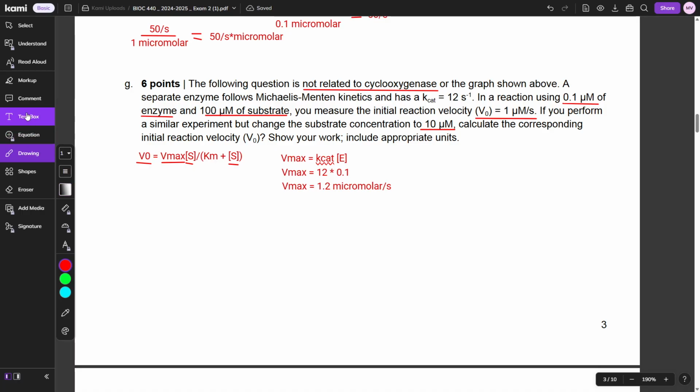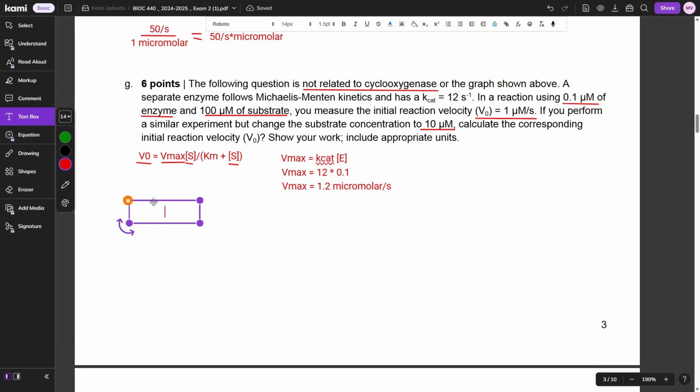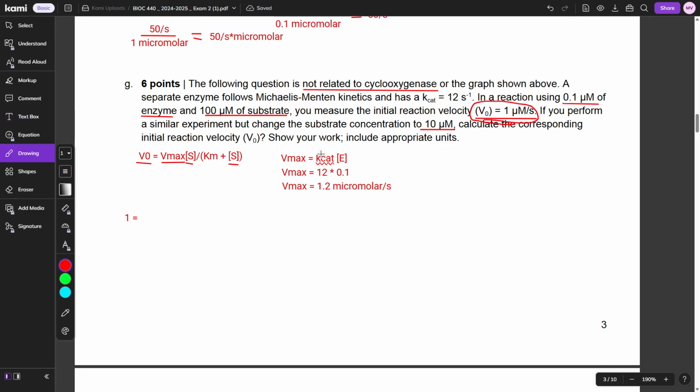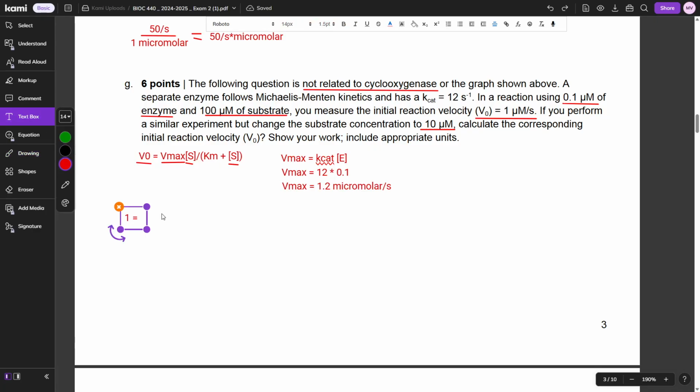If we plug values in and solve, you're going to get something like this. V naught is going to be equal to 1, because I'm grabbing it from up here, remember. That is going to be equal to Vmax, which we just calculated as 1.2 micromolar per second, times the substrate concentration, which was 100, and then we're dividing this by Km plus 100.